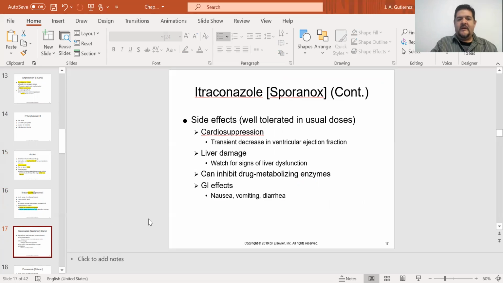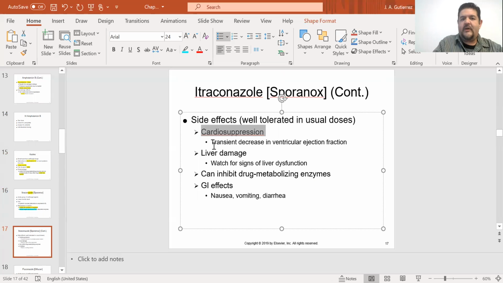So side effects, usually itraconazole is tolerated very well. If something happens, regarding a severe adverse effect, we have cardiosuppression. So that means that the ventricles are not going to be strong enough to push blood forward. We already mentioned liver damage.